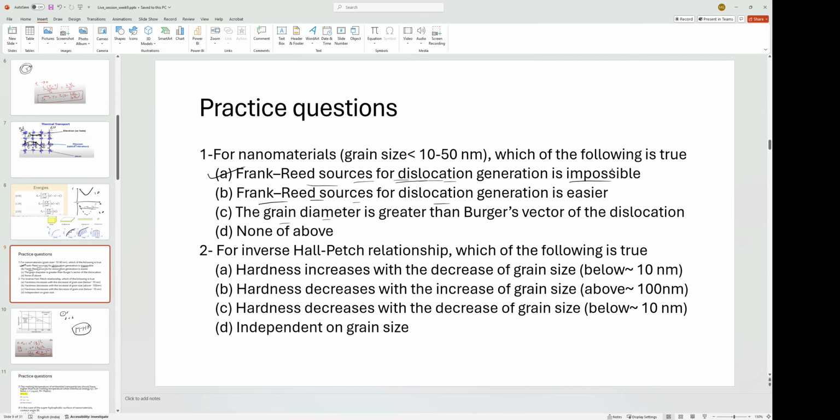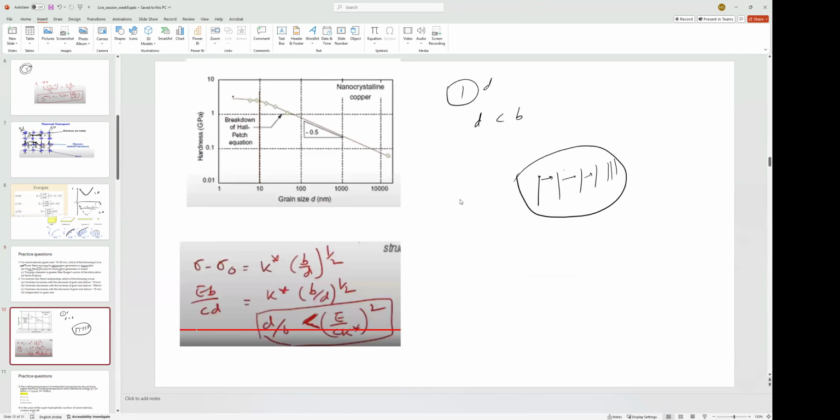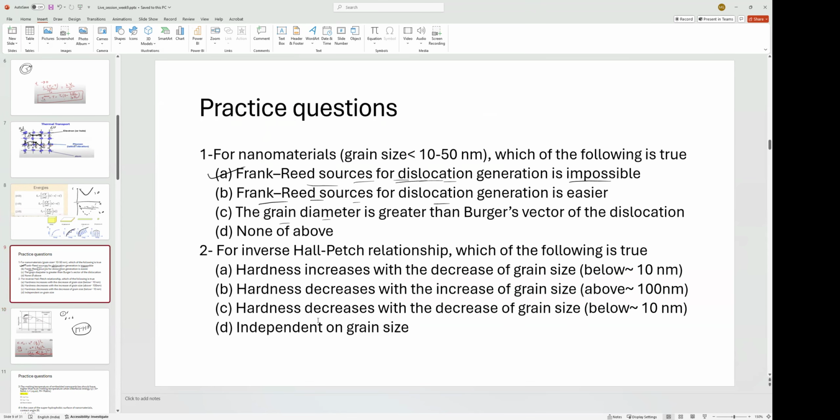For the inverse Hall-Petch relationship, which is true? For the inverse Hall-Petch equation, after a certain point it starts to decrease. Your hardness starts to decrease with decreasing grain size below this 10 nanometers.